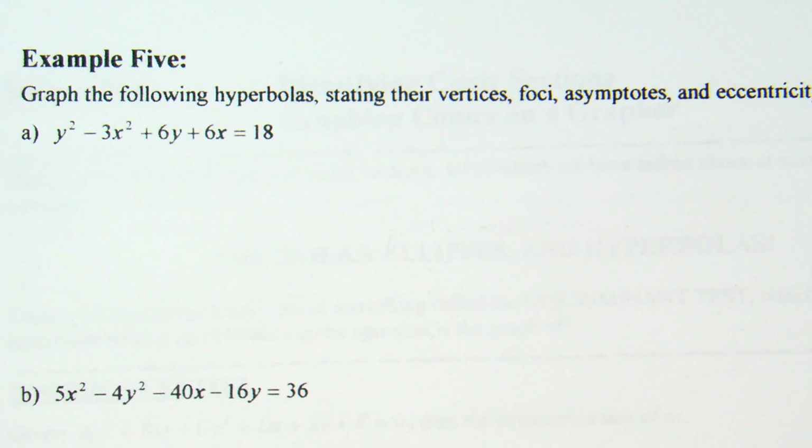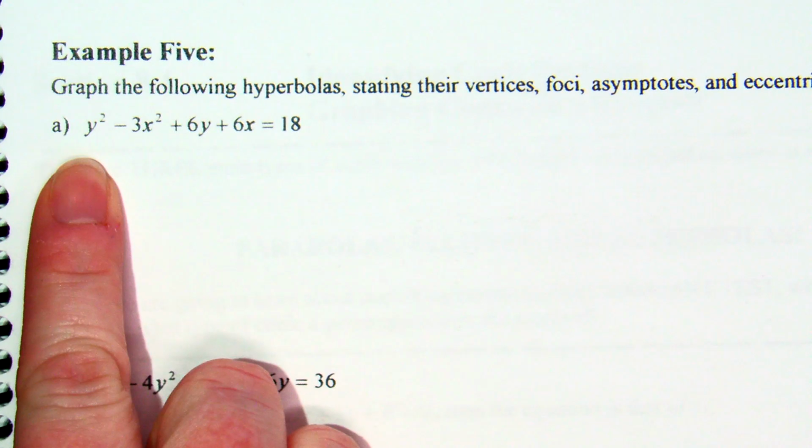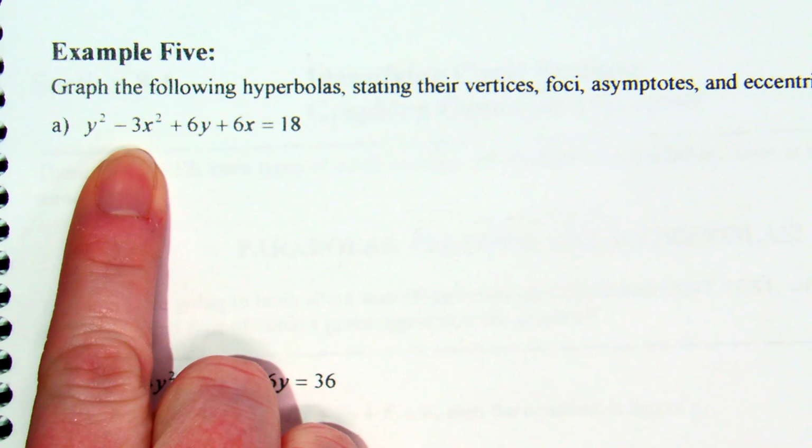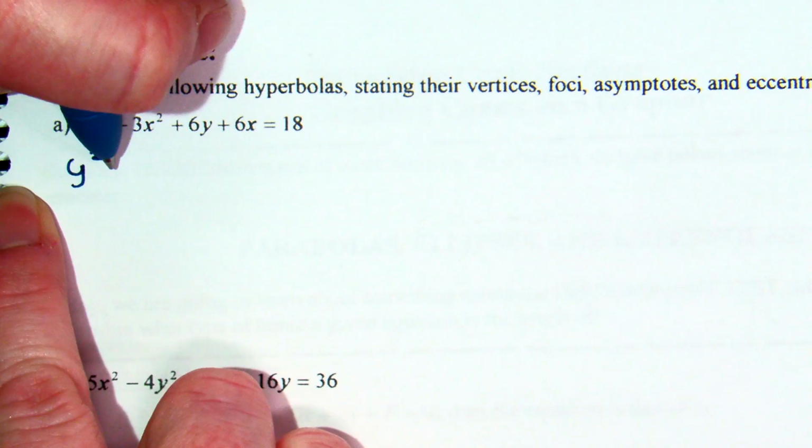So you're probably going to do y squared first. Probably already going to be set up like that anyway, because y squared is positive. I mean, unless they put a negative squared first. Okay, so in this case, y squared is positive, 3x squared is negative. So that means I'm going to choose to group my y's first, which means I'm going to have y squared plus 6y.